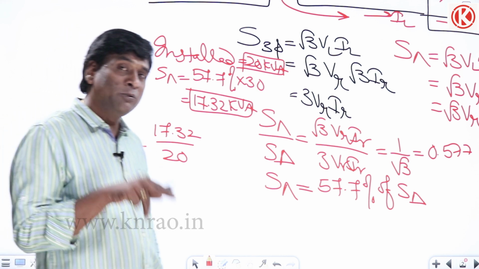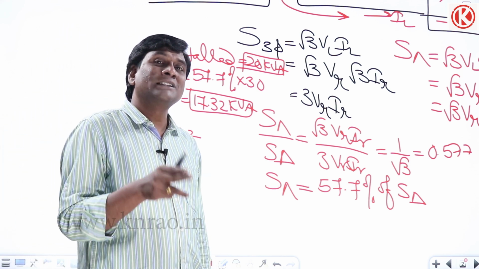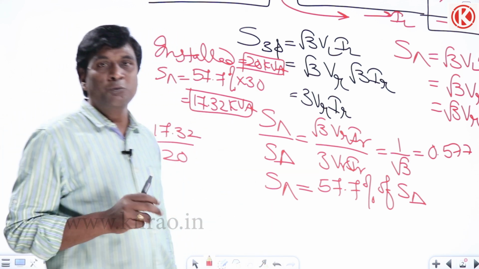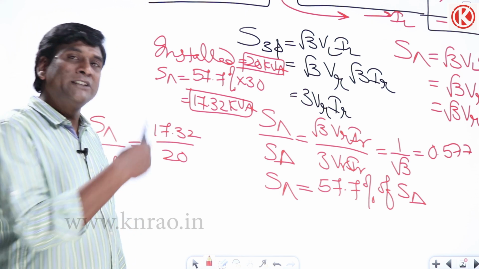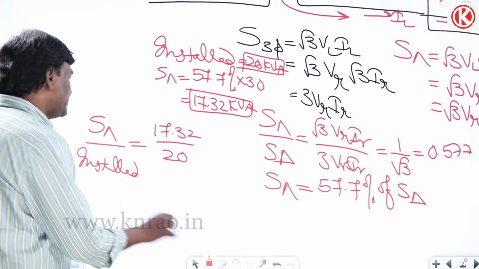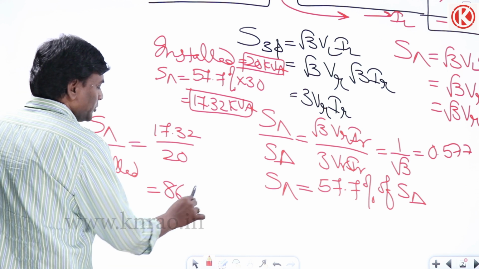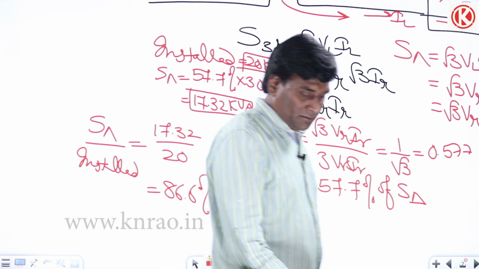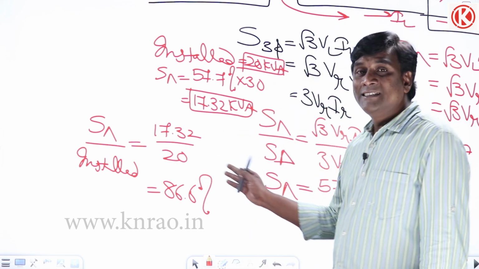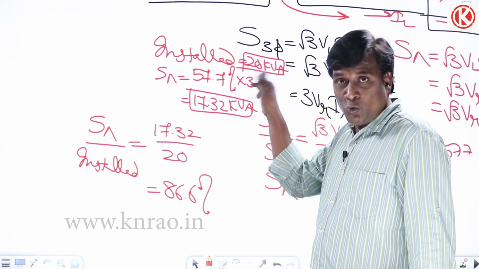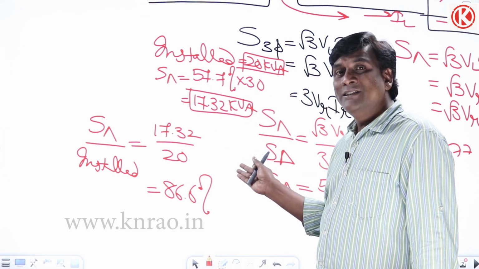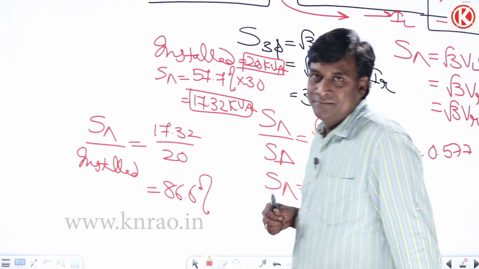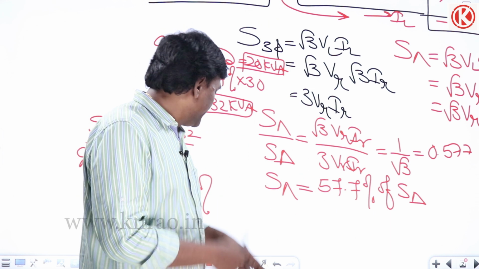Remaining two transformers only are working, meaning that their combined capacity is the installed capacity, which is connected to the supply and can be connected to the load. So this is going to be 86.6%. Meaning that S of open delta is going to be 86.6% of installed capacity in these two phases, or 57.7% of three phases.